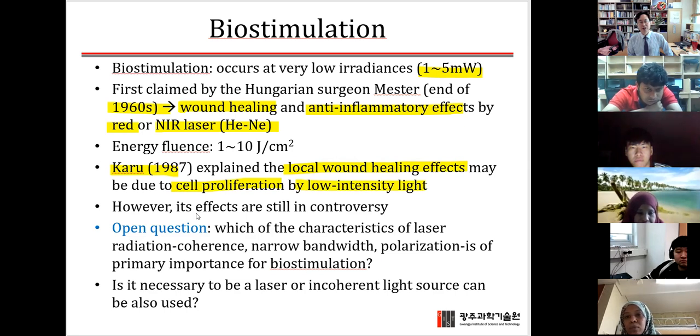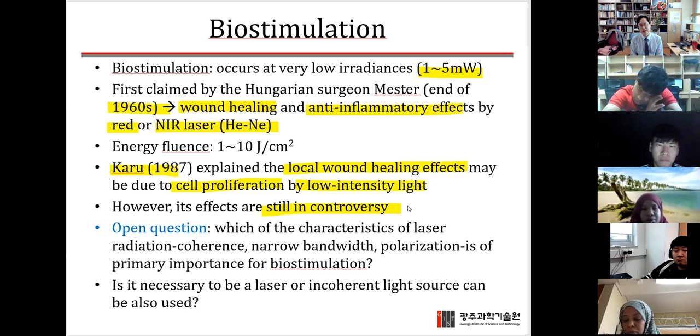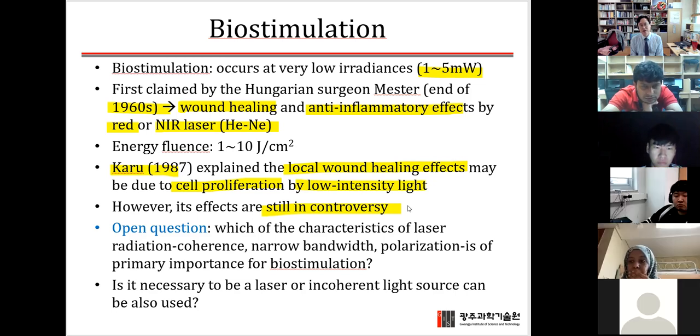However, the effects of the biostimulation are still in controversy, which means that most reports are saying that this is working and providing some advantageous effects. However, some reports are also saying that it doesn't cause any good effects. So it's still controversial.